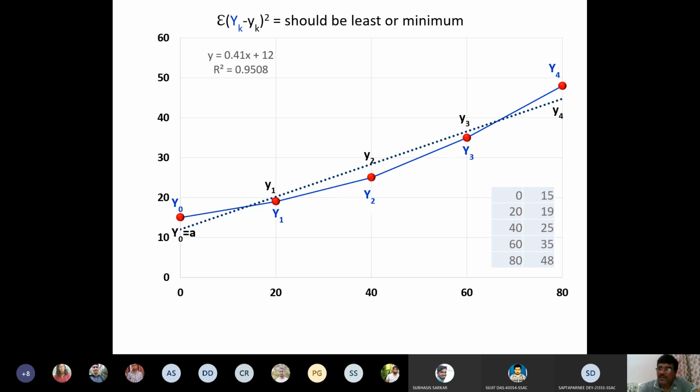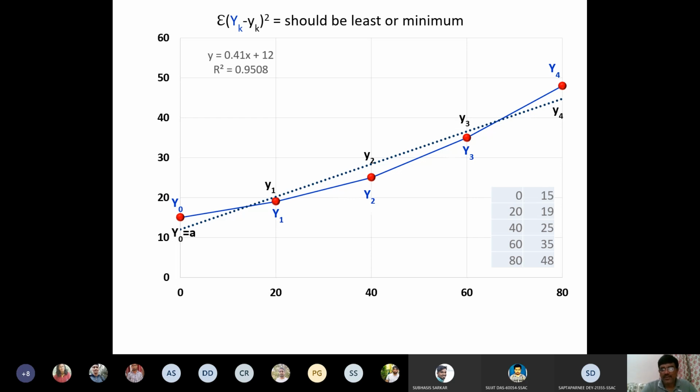This line will give us the predicted values, which are represented by small y1, small y2, small y3, and small y4. This is a hypothetical line which is representing these data. This is also called a regression line. So now you have two respective data points.